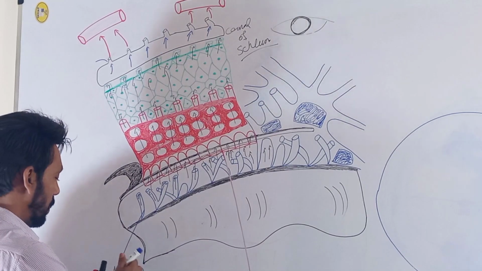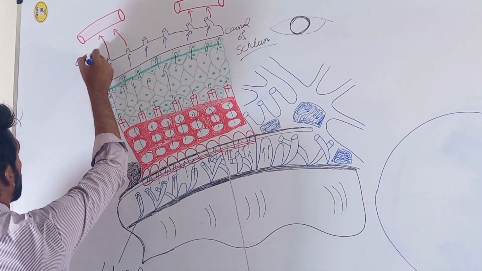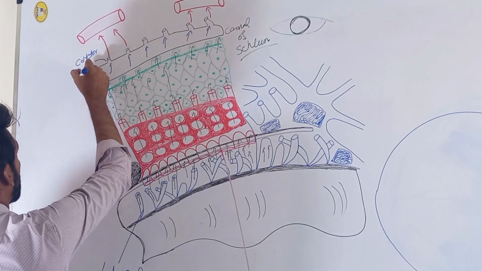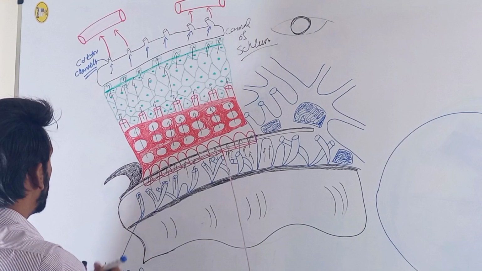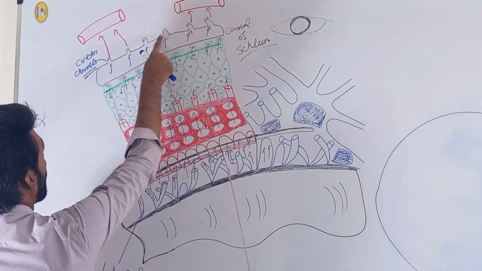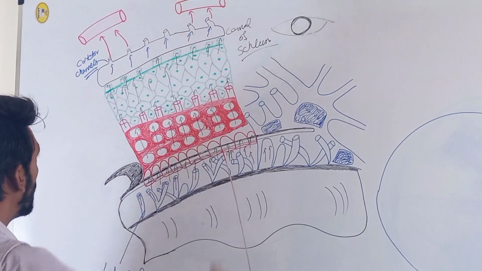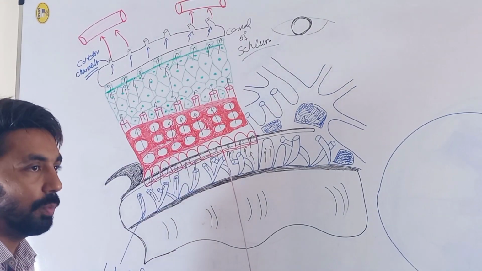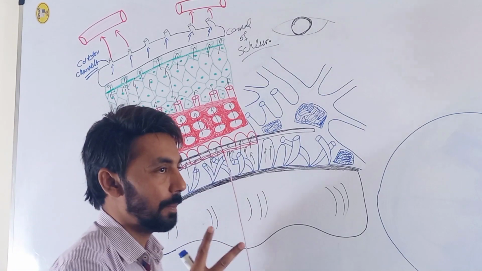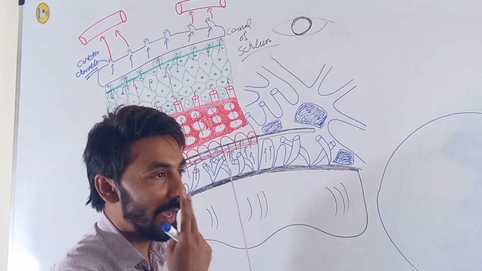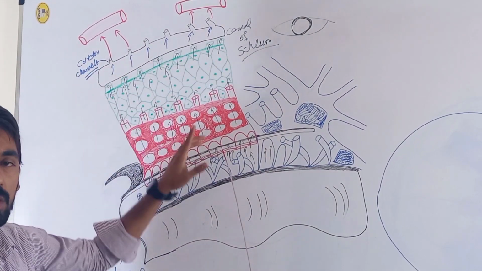This is the final structure in the drainage of the aqueous humor. These tube-like structures are called the collector channels, and from the collector channels the aqueous humor drains further into two different pathways. The first one is the veins of the sclera, the episcleral veins.